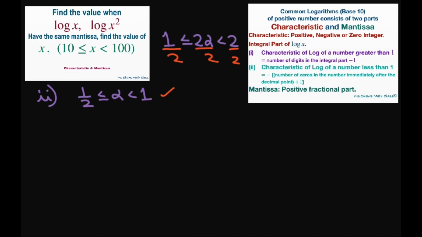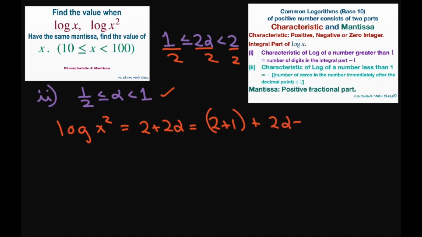All right, so basically that means log of x squared is going to equal, we already know, 2 plus 2 alpha. If you're looking at your characteristic, we're going to get 2 plus 1 plus 2 alpha minus 1. Basically what I did is I just added 1 to and subtracted 1 from these pieces.